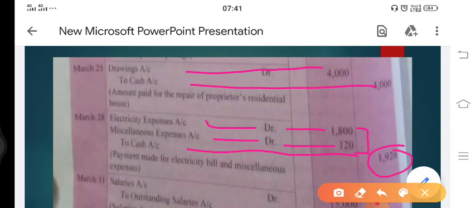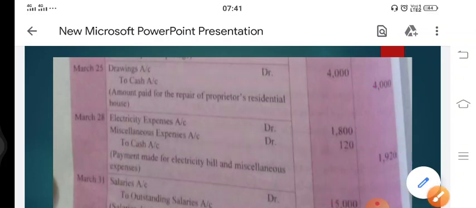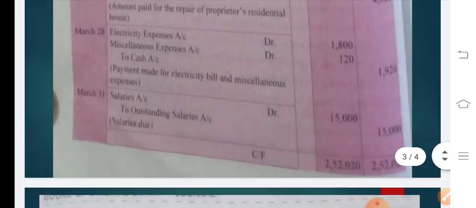1920. Fine. Now we are left with the last 2 points, that is salaries unpaid and rent due. Salaries unpaid and rent due. So let's check it out.